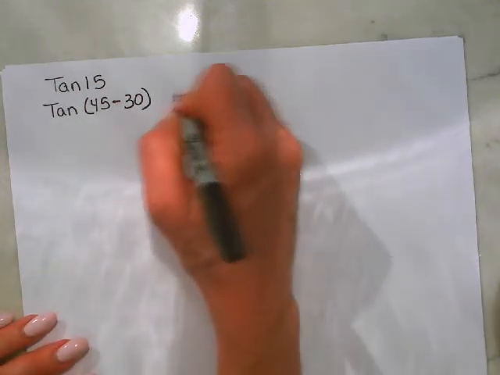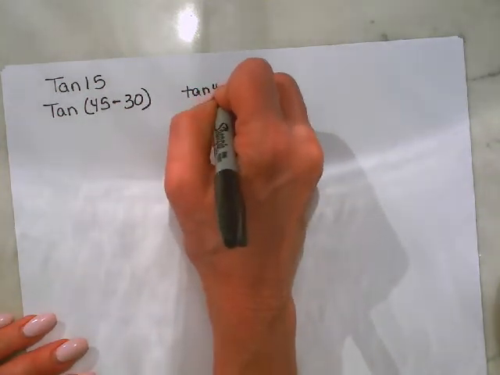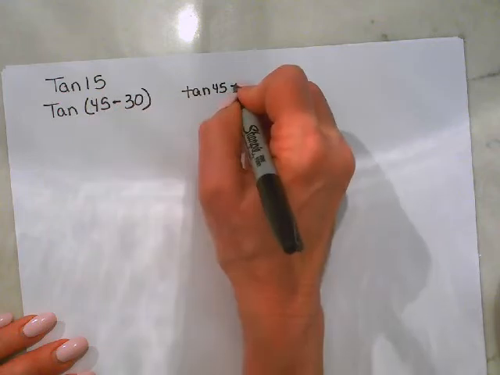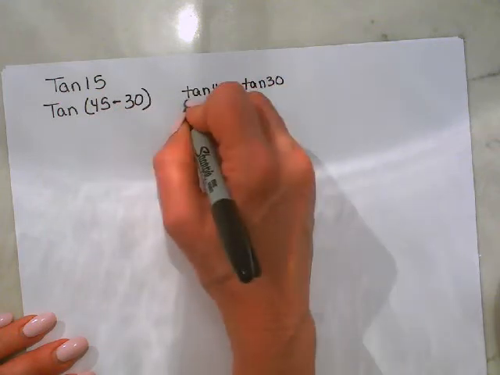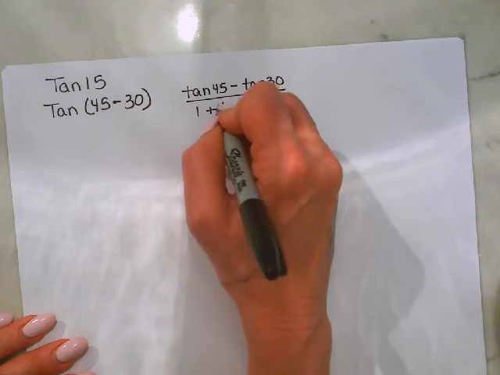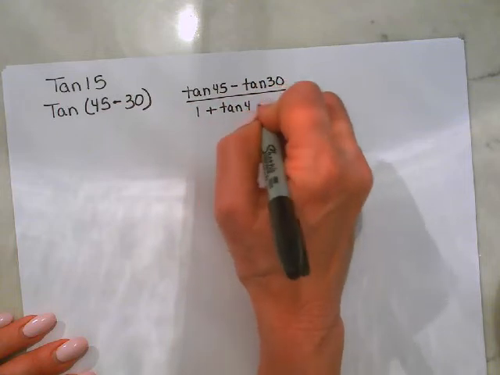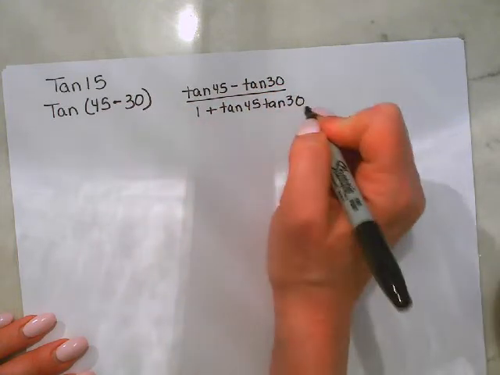15, it's 45 minus 30. So the tangent formula is tangent of 45, this is minus, so this is minus tan of 30 over 1 plus, it's always the opposite side, and then you multiply the tan of 45, tan of 30.